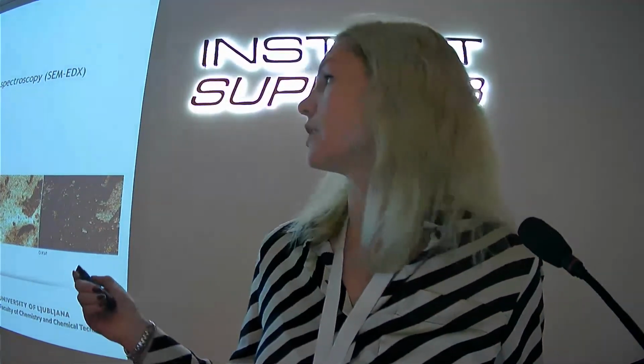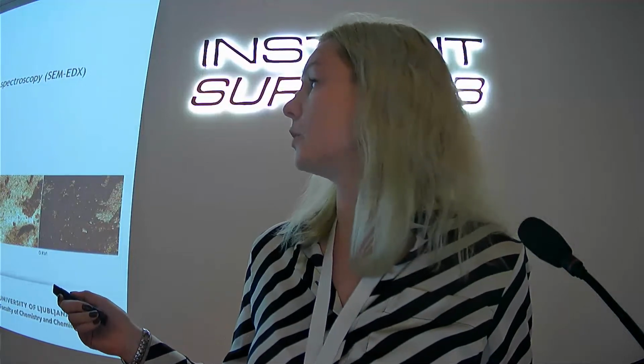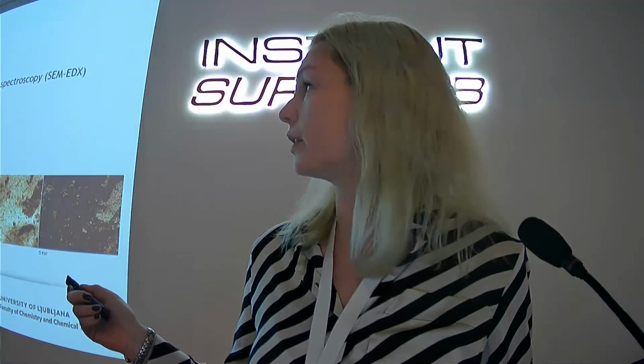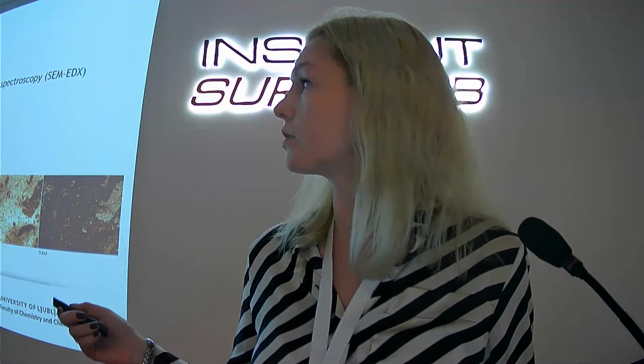We are also using a scanning electron microscope coupled with EDX, sometimes to determine if there are some pollutants adsorbed, so to determine the elemental composition. In this case, for example, you can see polyethylene with adsorbed titanium dioxide nanoparticles, and you can clearly see here titanium, and this is oxygen.